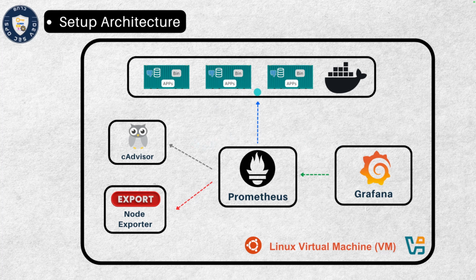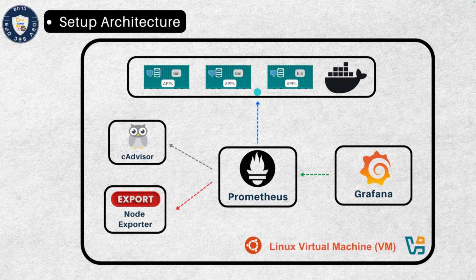We will also discuss the advantages, when to use what, why we need to monitor Docker, and why we actually need cAdvisor when we have already integrated and are monitoring Docker. So this is the setup that we'll be doing. It looks pretty simple, and it is simple, nothing complicated here. So let's go ahead and see all this configuration step by step.